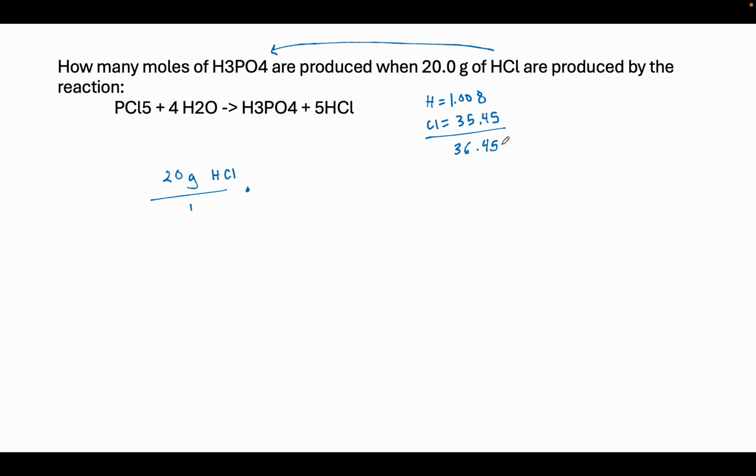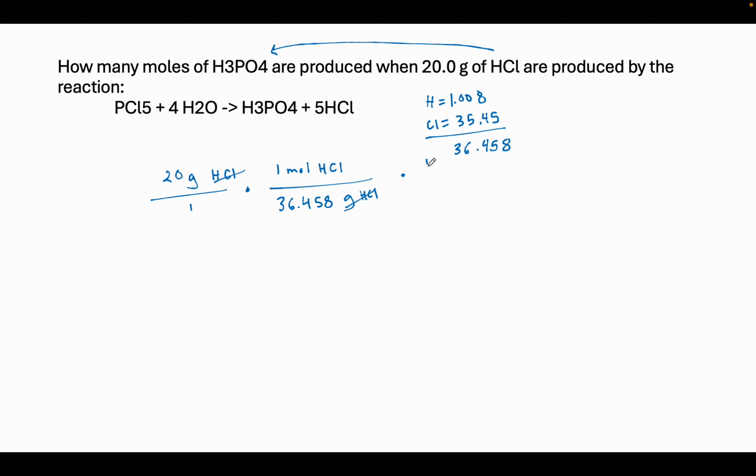So 1 mole of HCl is 36.458 grams of HCl. This cancels out. So now we got 20 over 36.458, which should give us the moles. And now we can go from mole of HCl to mole of H3PO4.